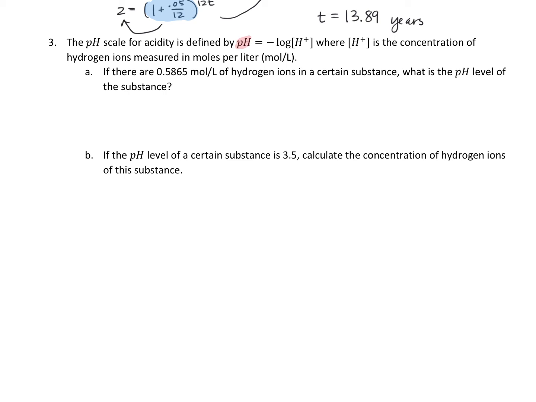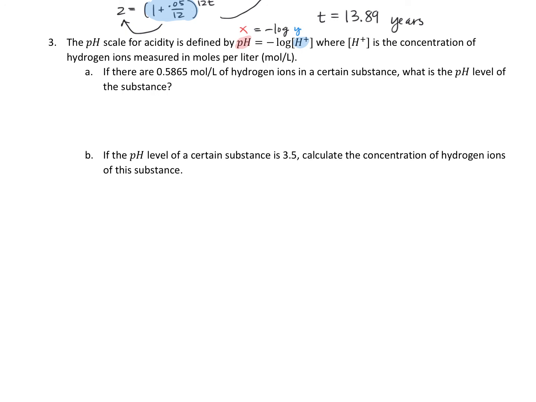So the thing to realize here, instead of coloring it all, let me just talk about this. The pH is one variable, okay? So that's X equals negative log H plus, a hydrogen ion, and that's just another variable, y. So really this is just X equals the negative log of y, and X stands for the pH level, and y stands for the concentration of hydrogen ions.